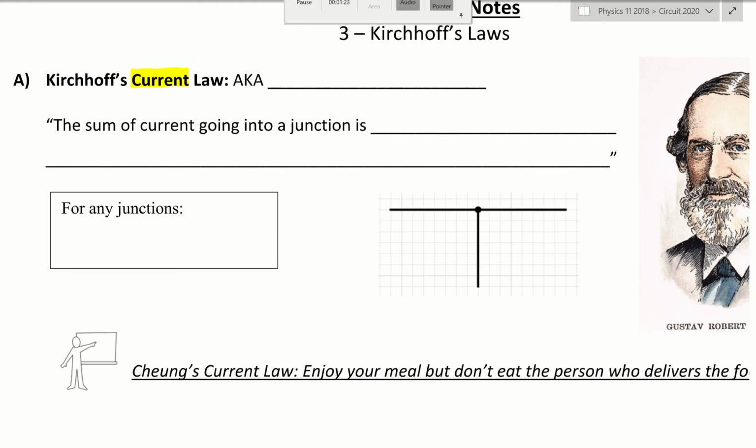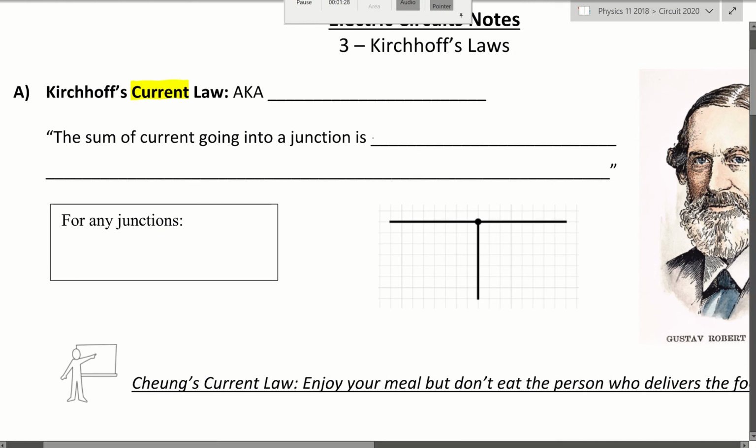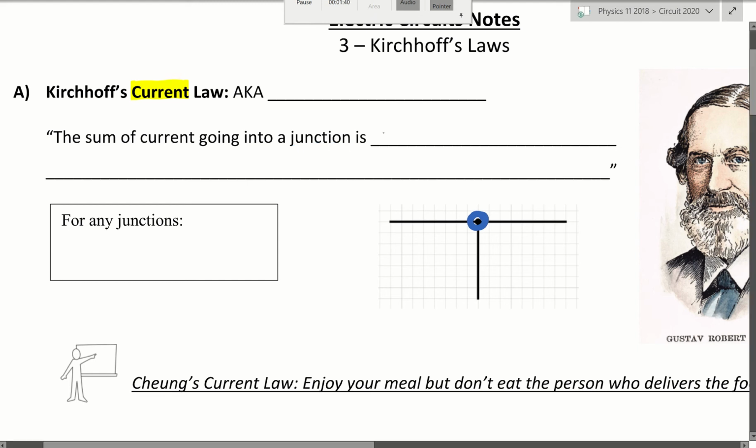So the first law says this: the sum of current going into a junction. Now what is a junction again? This thing is a junction. A junction is basically a point with more than one path that you can split up. So the sum of current going into a junction is equal to the sum of currents leaving the junction.